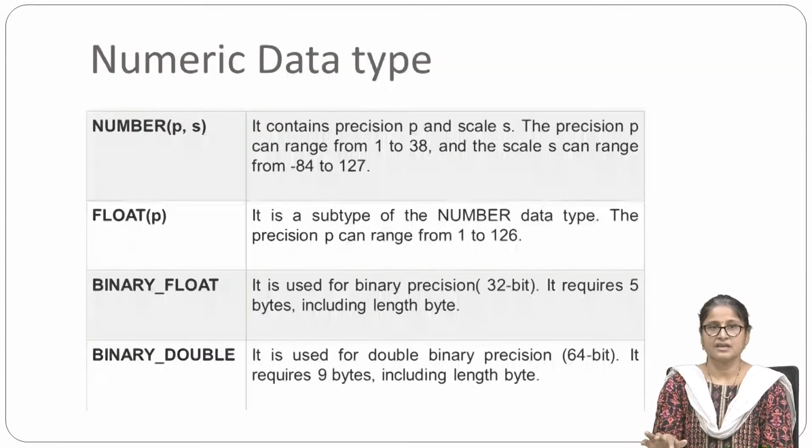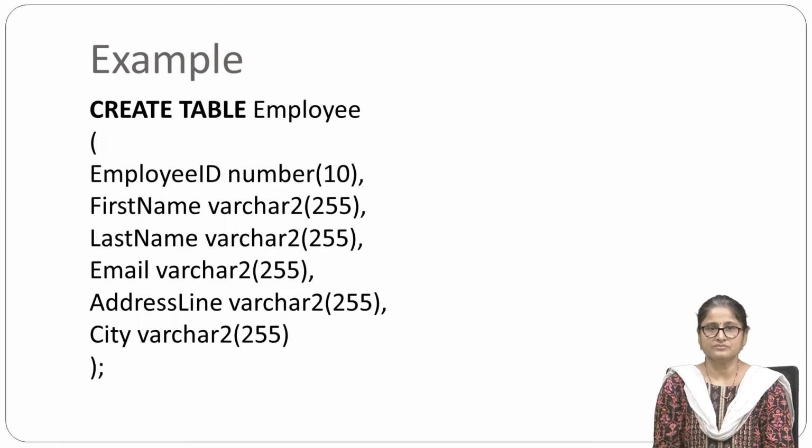Apart from this, you can have a DATE type. When you are dealing with date values, we have the date type, but I have mentioned here only the character and numeric data types. So this is the example of how to create the employee table.